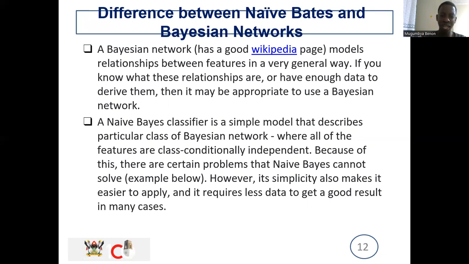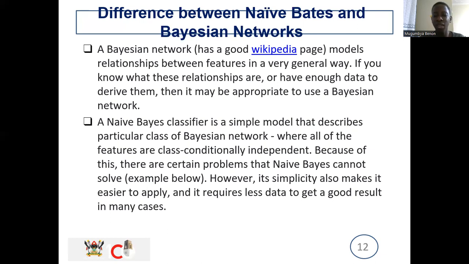Then naive Bayes is a simple model that describes a particular class of Bayesian network where all features are class conditionally independent. Because of this, there are certain problems that naive Bayes cannot solve. However, its simplicity also makes it easier to apply and requires less data to get a good result in many cases.